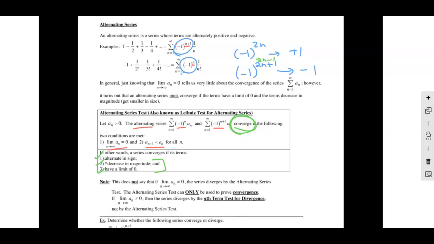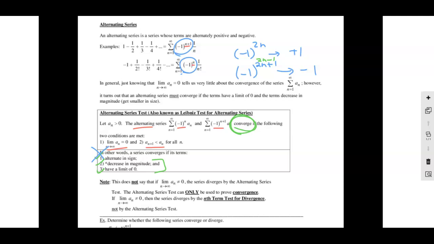Now, if we are missing one of those conditions, right? So if we're somehow missing this one, if it doesn't alternate in sign, you can't say diverge. You don't know. This test only says that if it's alternating, and if it's decreasing, and if it's specifically decreasing to 0, if all those things are true, then it converges. But if one of those 3 things doesn't work, then we don't necessarily know.